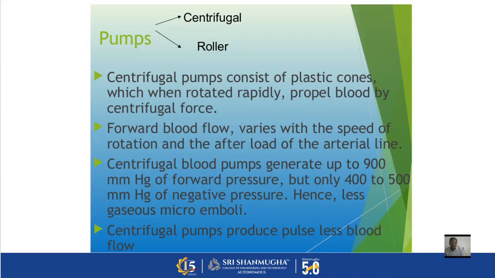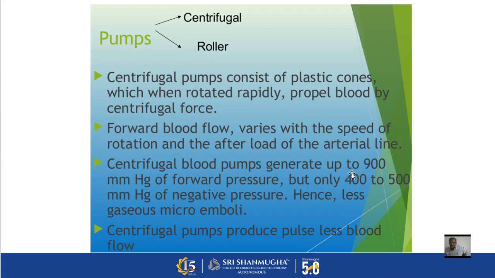Next, the pump. We have two types of pump: one is the centrifugal pump, the other is the roller pump. The centrifugal pump consists of plastic cones which, when rotated rapidly, propel blood by centrifugal force. Forward blood flow varies with the speed of rotation and the afterload of the arterial line.